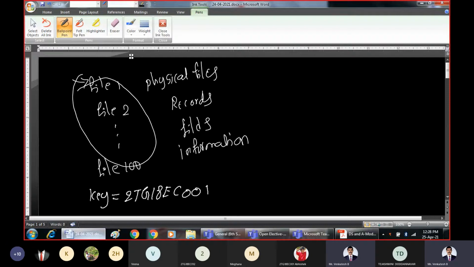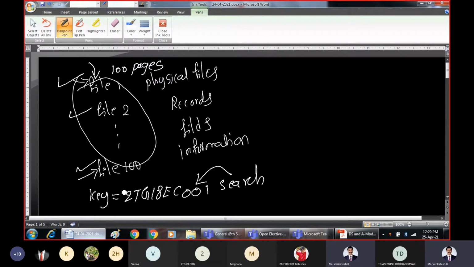So what I want is, these many files are available, and if these files are not arranged in a proper way, say assume every file is having 100 pages, and you want to search the details of this student. So what is the possibility? The possibility is that you will start searching from one file and go up to the last file.